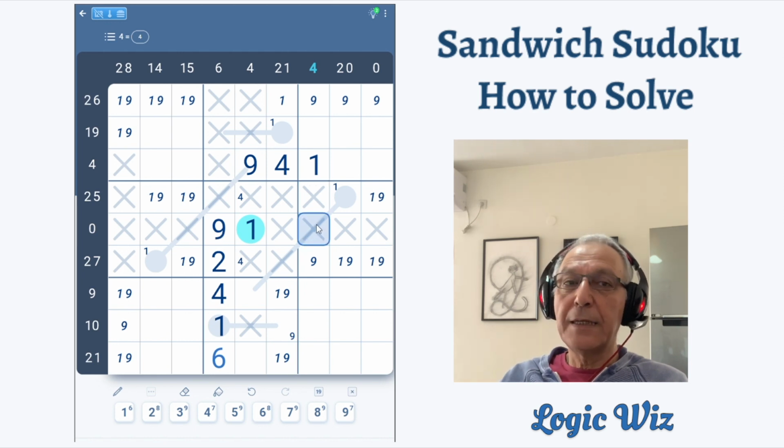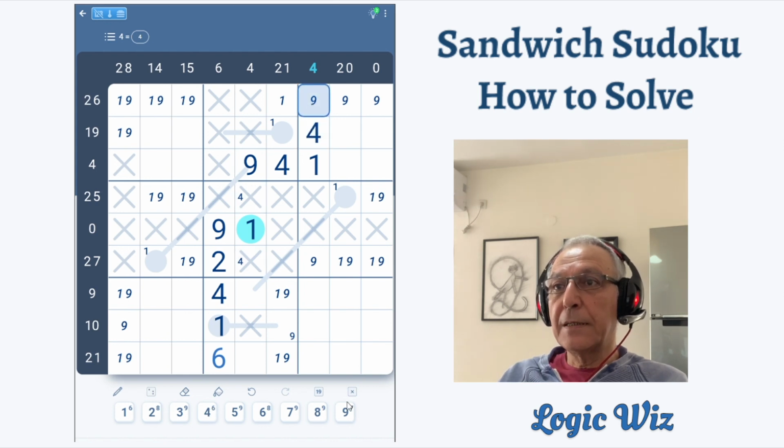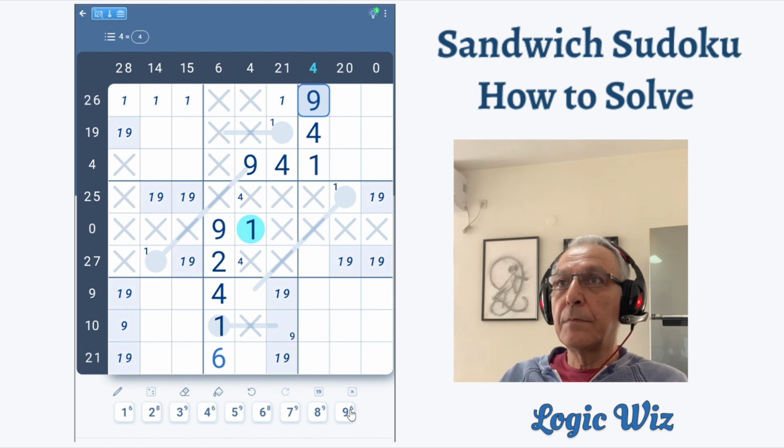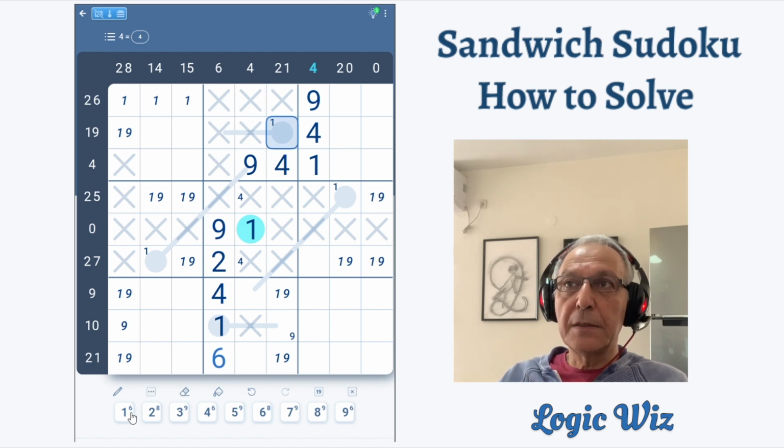We already have a 9, and this is a second location on a Thermo line which cannot have the 9. Therefore 4 must be here, and the 9 is here. And now here the sum is 26, therefore 1 can no longer be here. Now deleting it, putting here an X, therefore 1 must be here.